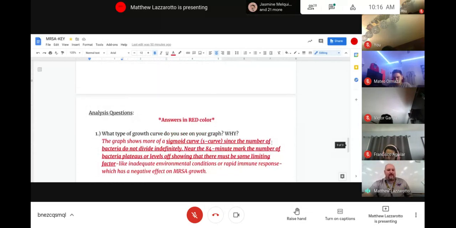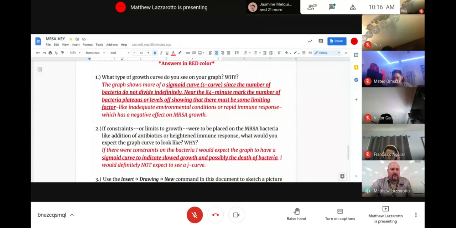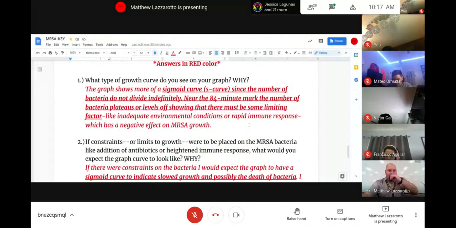Once you've got that done, you start answering the analysis questions. Let's take a quick look at that. What type of growth curve do you see on your graph and why? I write here, the graph shows more of a sigmoid curve, like an S curve, since the number of bacteria do not divide indefinitely.